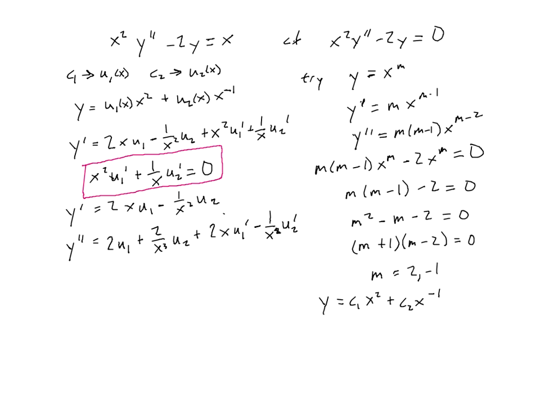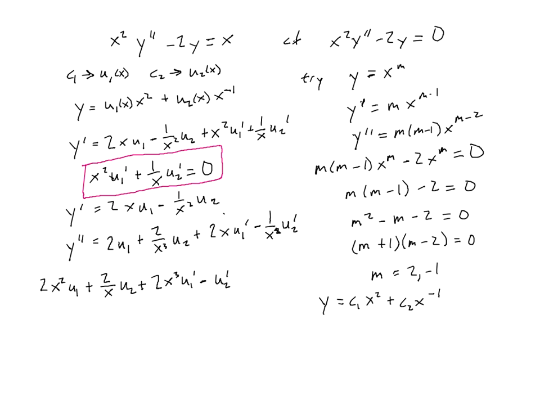So what happens is you can take this solution and plug it back into the original differential equation, and you get x squared times this. So it's 2x squared u1 plus 2 over x u2 plus 2x cubed u1 prime minus, this is just u2 prime.